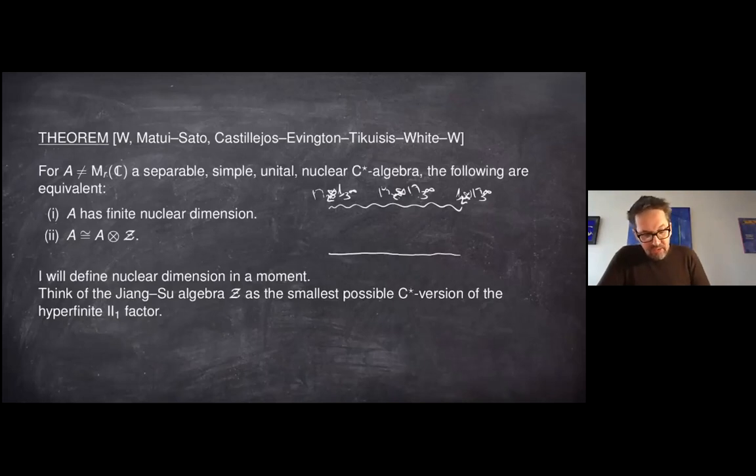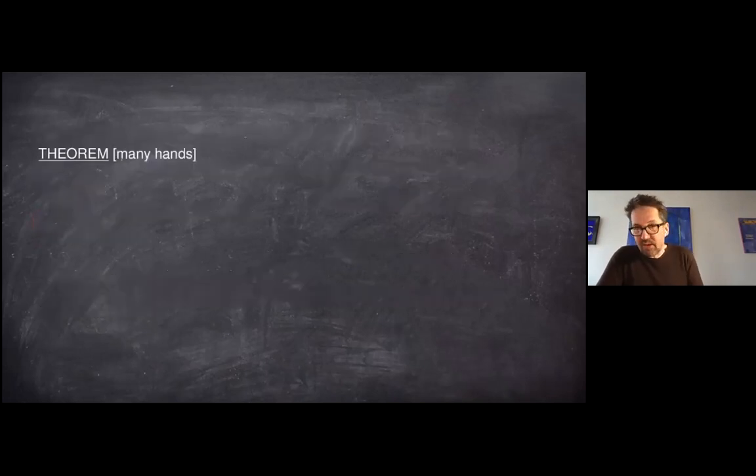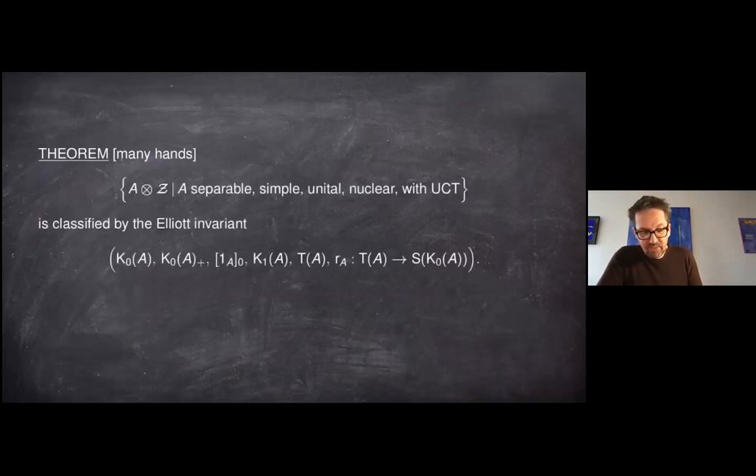All right, and then it turns out that these two properties are equivalent. And this plays a role for the classification program. The state of the art of the program at the moment, more or less, is the following, at least in the unital case, the simple and unital case.